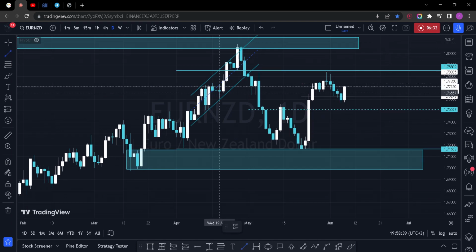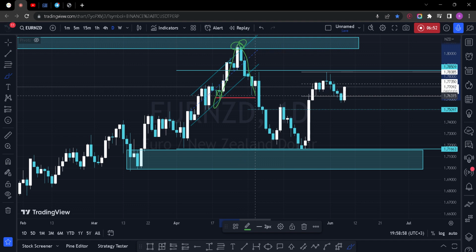So right here, we had a break of structure on the higher time frame, now the daily. This is the low that pushed us to our point of interest. So this low right here pushed us higher to my point of interest. We had an aggressive sell-off.